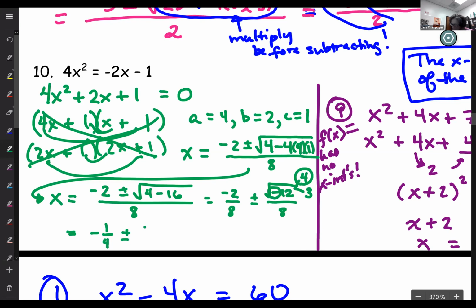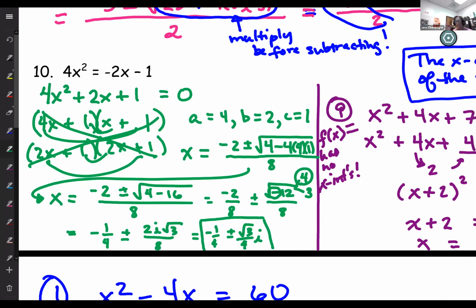And then we've got 2i root 3 over 8. So -1/4 plus or minus i root 3 over 4, or we could write it as root 3 over 4 i. You could also write it all over 4, but with complex numbers, a lot of times it's nice to split the real and the imaginary part separate.